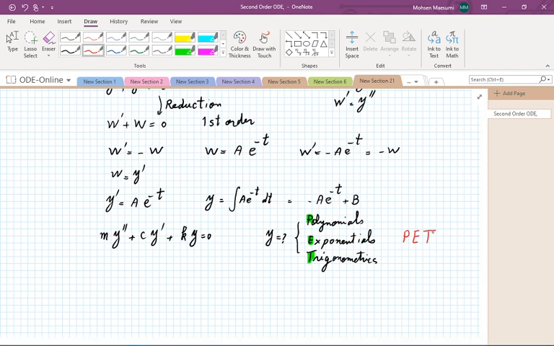Again, mostly because they directly relate to the most basic experiment, that vibration experiment. Everything is explained in terms of these PET functions, and it's also nice that they are easy to deal with.